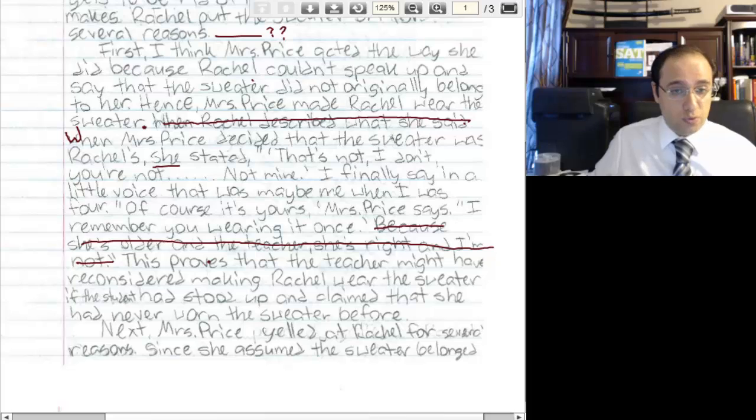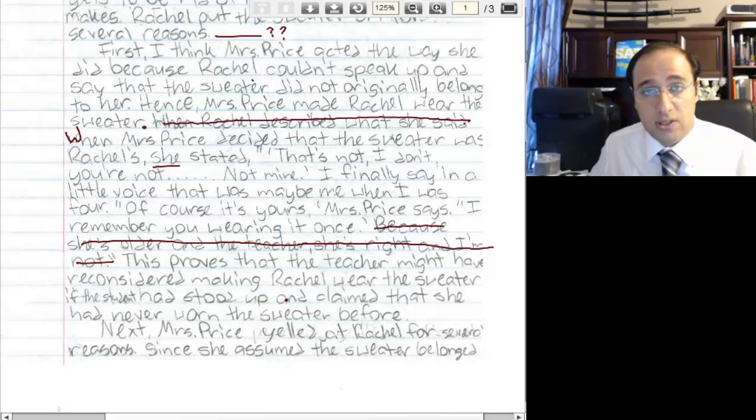She wasn't able to convey her reason for refusing that jacket or that sweater. Okay, this proves that the teacher might have reconsidered making Rachel wear the sweater if the student had stood up and claimed that she had never worn the sweater before. Now, it's a good idea here to add this idea at the end, which basically says that if Rachel had done so and so, then Mrs. Price would have reacted in another way.